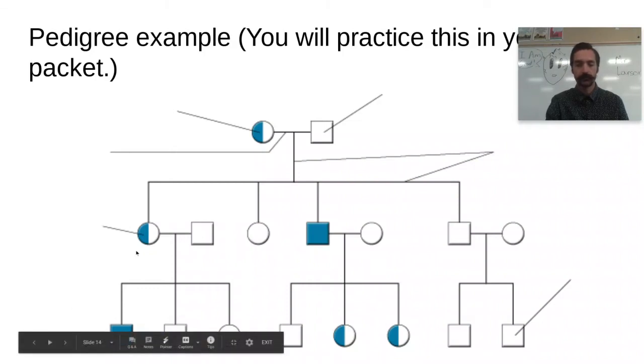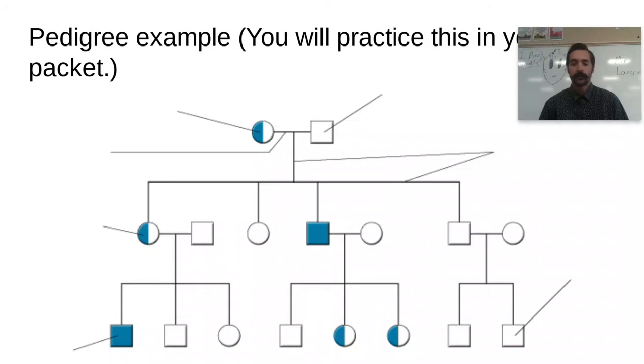So pedigrees are used by doctors and different medical professionals in order to look at the history of a certain genetic disorder within a family. If you ever go to the doctor, they may ask you, do you have a family history of this genetic disorder?